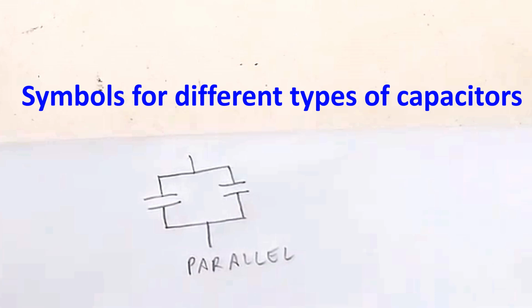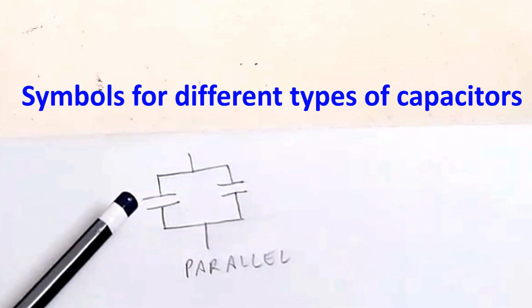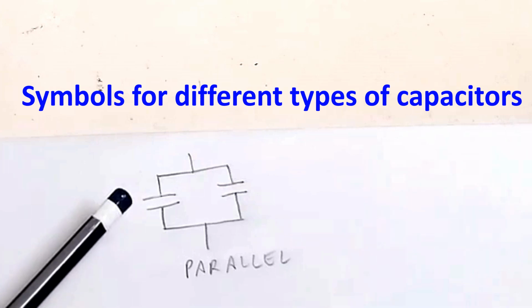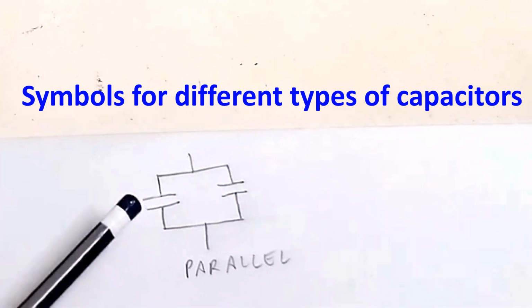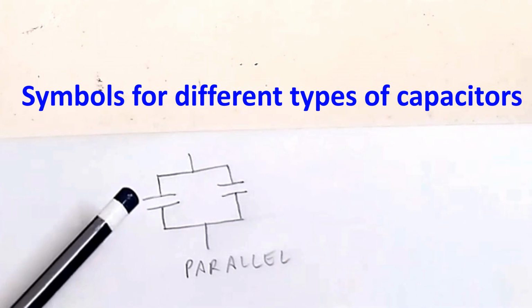You may need to combine two capacitors to increase the capacity. When two capacitors are connected in parallel, the total capacity will be the sum of the two capacities. Suppose you combine 2000 microfarad capacitors in parallel, then it will be acting as a 4000 microfarad capacitor.